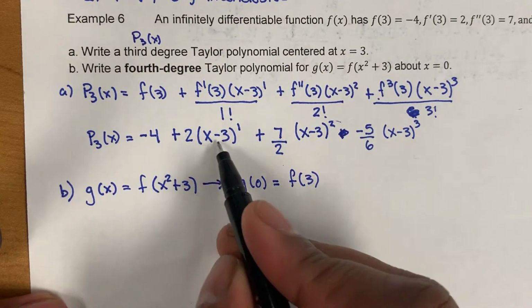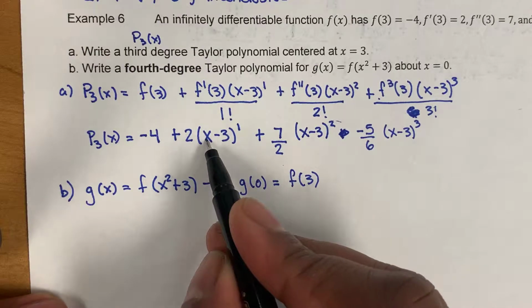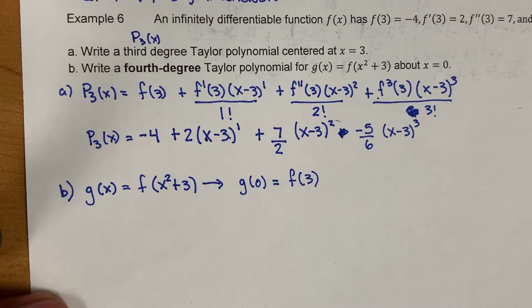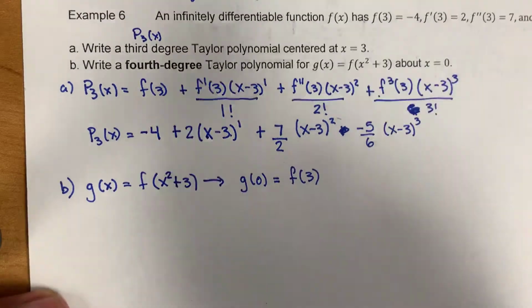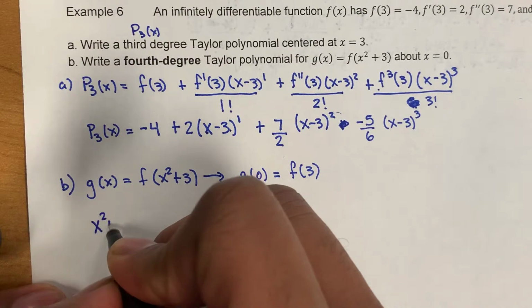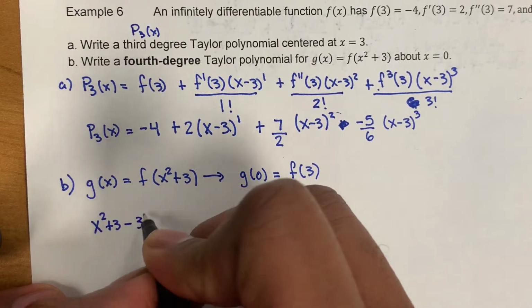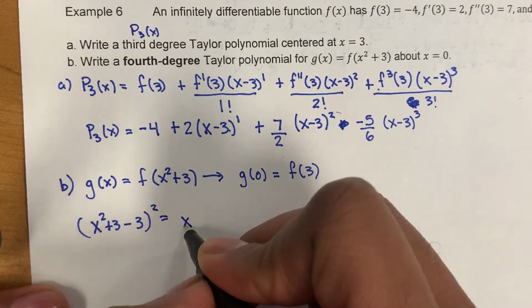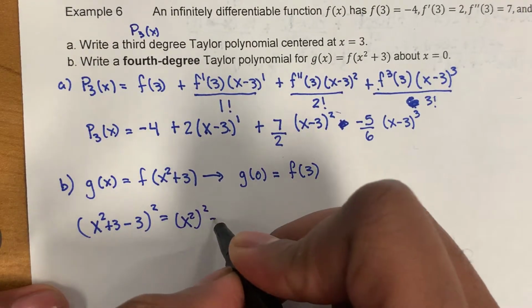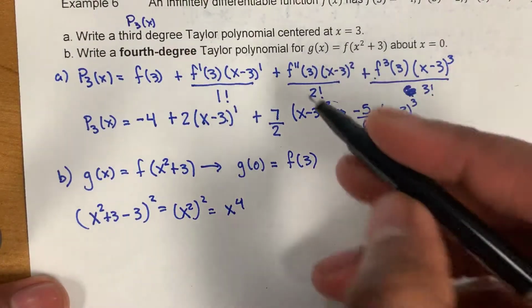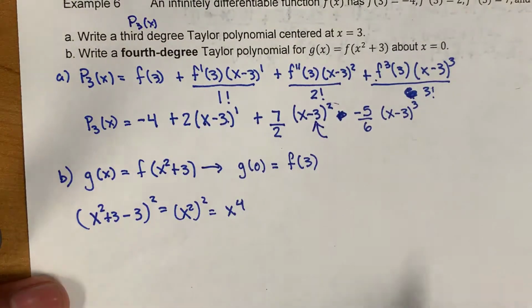Because if we substitute in x squared plus 3, we're going to have x squared plus 3 minus 3, which is just going to be x squared. And when we square, you know what, write it down. So in this case, if we had x squared plus 3 minus 3 squared, that's going to turn into x squared squared, which equals x to the 4th. So we only need to get to this term before we stop.